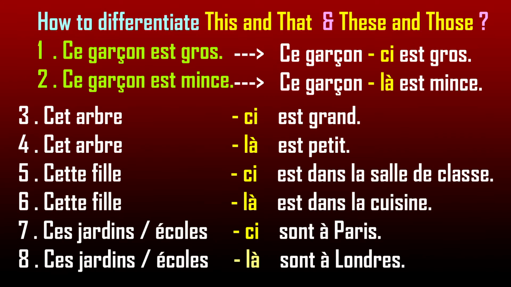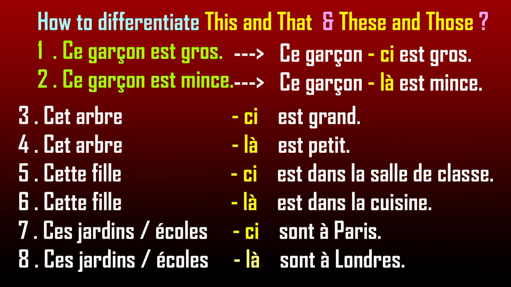Look at sentences number 1 and 2. In sentence number 1, I would like to say ce garçon est gros. I mean, this boy is fat. And in the second sentence, I say ce garçon est mince. I mean, that boy is thin.